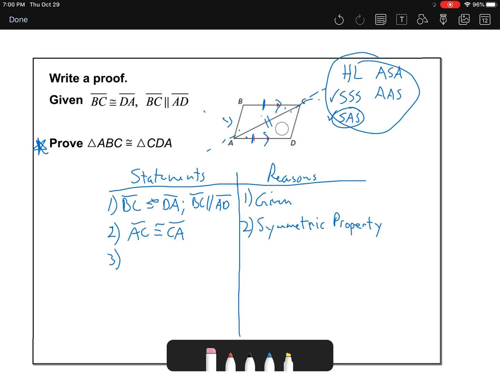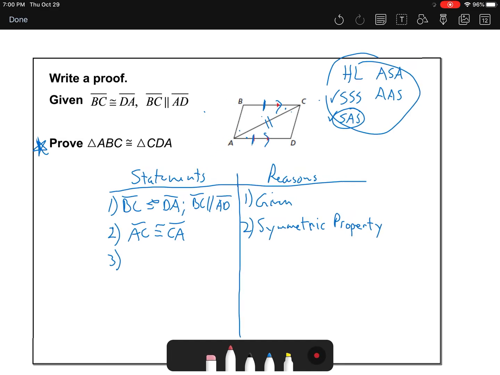And let's see here, I'm going to clean this up so we can see it a little better. So which angles could we try to prove congruent? These 2? Oh, no, because they just look like it. So we can't prove those 2. Well, I got parallel lines, don't I? We got parallel lines.